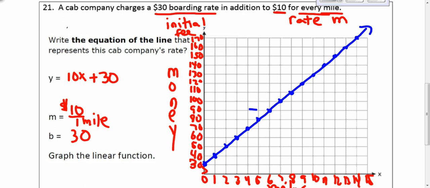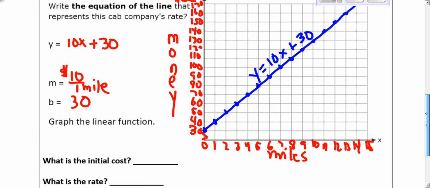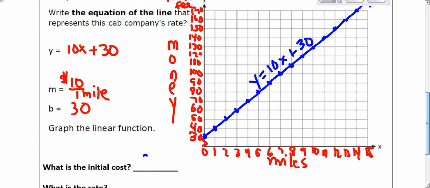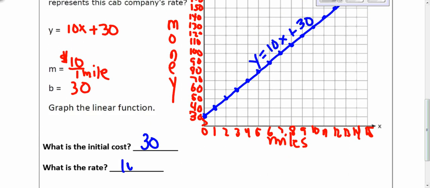Anything before 30 does not matter. Remember, put the equation on the line, and that's it. What is the initial cost? The initial cost when you stepped into the cab is $30. What is the rate? It's $10 per mile.